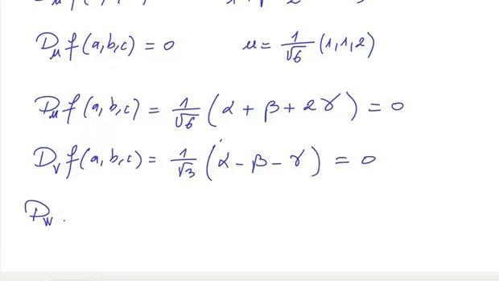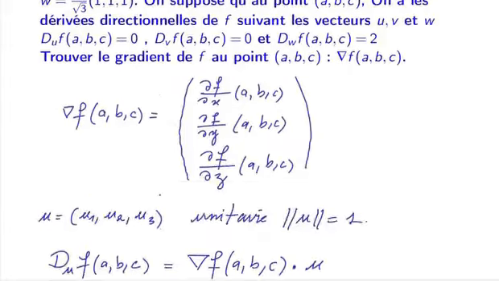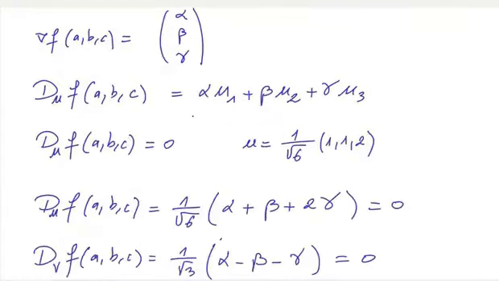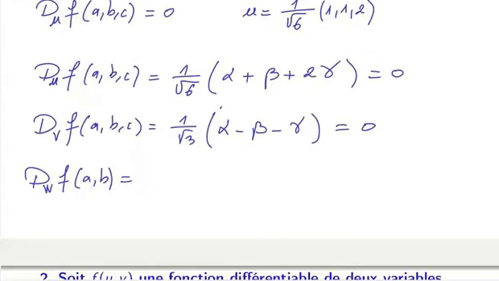And finally, the derivative in the direction of the vector w of f at point (a, b, c) is equal to, looking at the vector w, 1 over square root of 3 times (1, 1, 1).